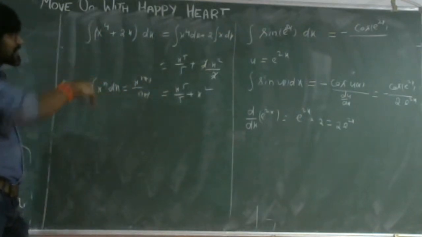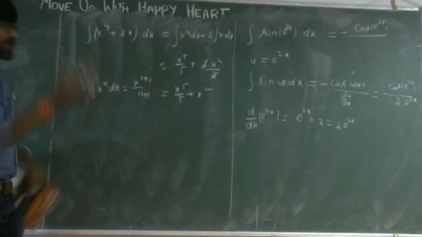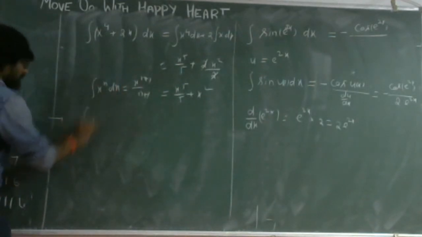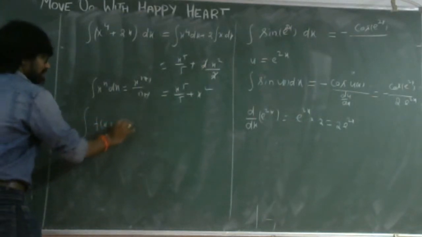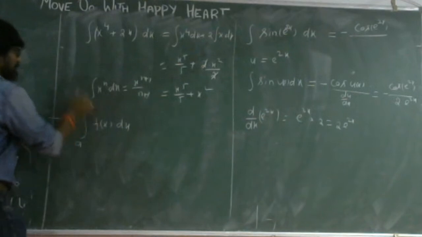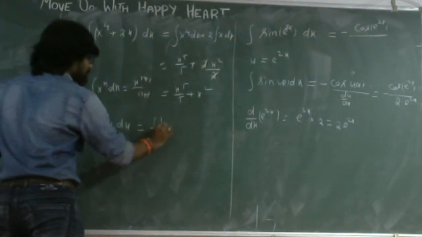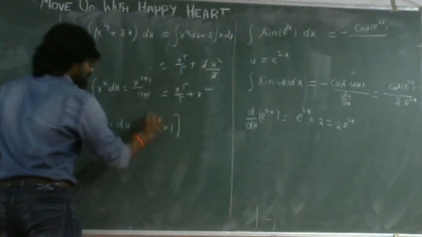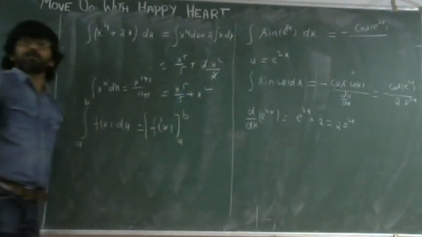If integration comes with a limit, we call it a definite integral. If you have the integral of f of x dx with limits a to b, here a is called the lower limit and b is called the upper limit.